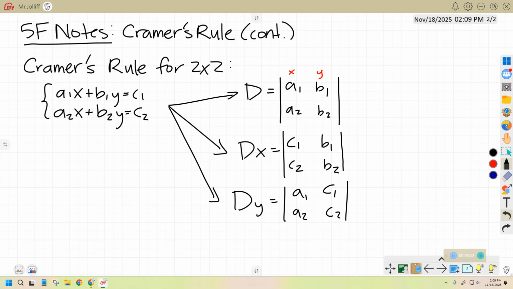Three determinants. I know how to find those. Plus, minus. Multiply along the diagonal. Multiply along the diagonal. Subtract. Okay. And from those, we get our answer. x is dx over d, and y is dy over d.